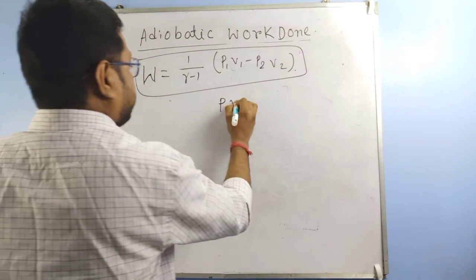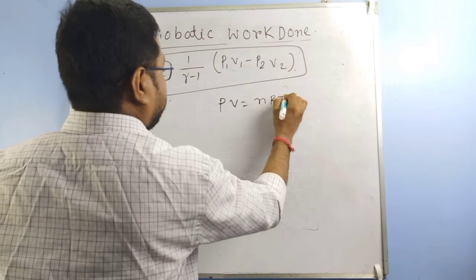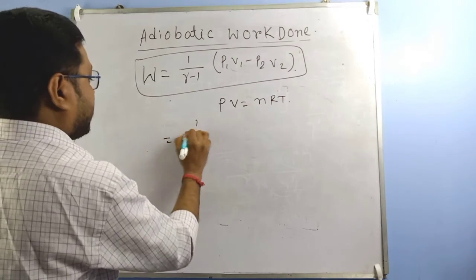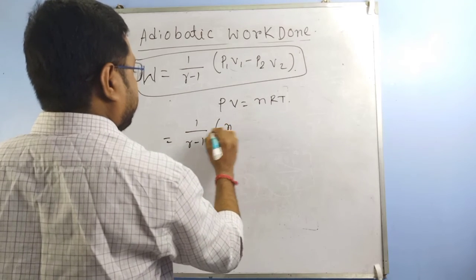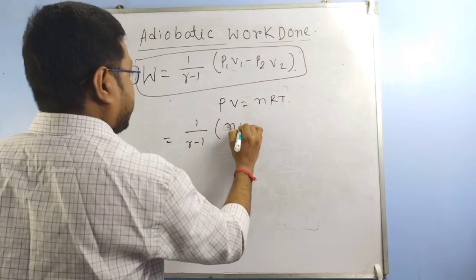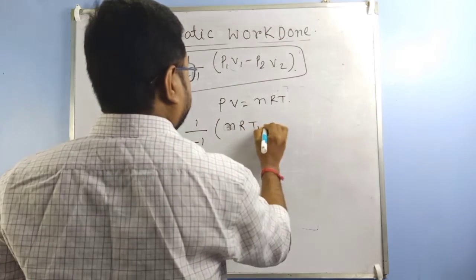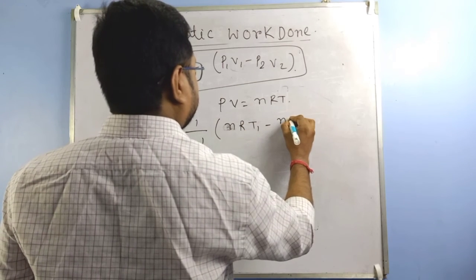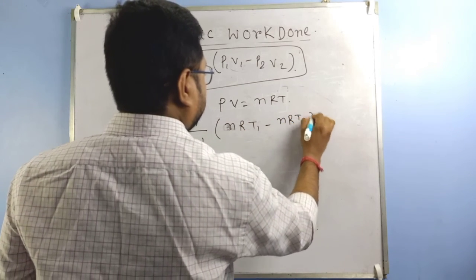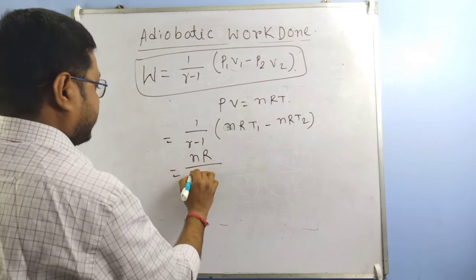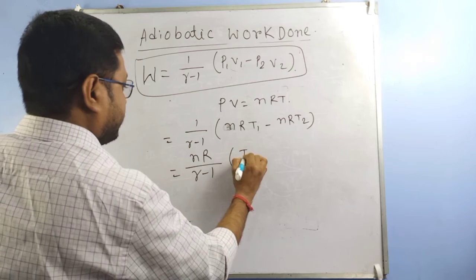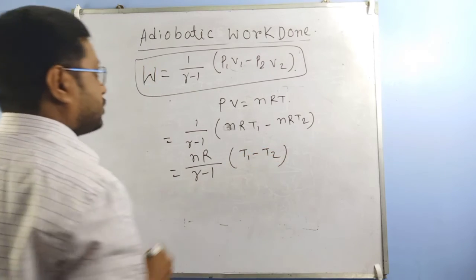From the ideal gas equation we get PV equal to nRT. So in 1 by gamma minus 1 into P1 V1 minus P2 V2, P1 V1 means nRT1 and P2 V2 is equal to nRT2, so we get nR by gamma minus 1 into T1 minus T2. This will also be the work done.